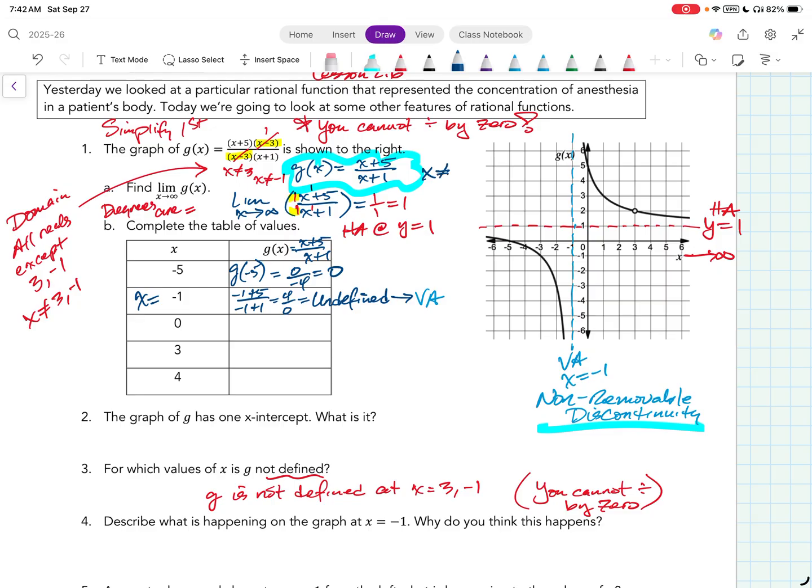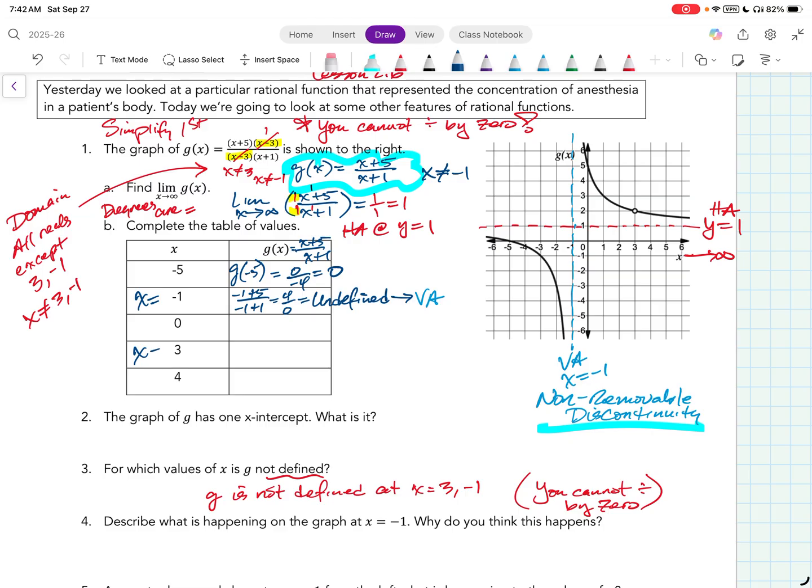So x is not equal to -1 there. And you can't simplify it anymore, so it's non-removable. Before, we had a removable discontinuity at 3, because we simplified the function there.